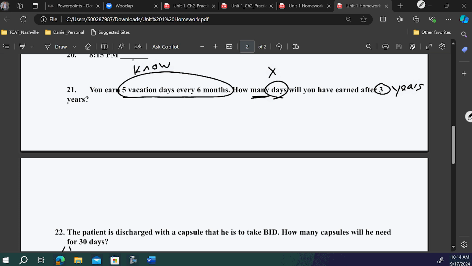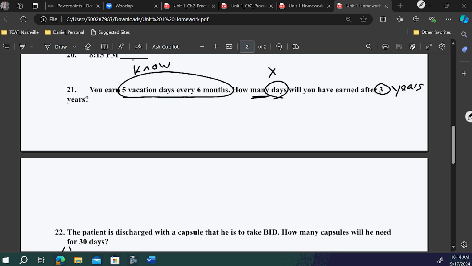Now you could do it either way. When I'm converting stuff, I could say it either way, but there's always an easier way to do it, right? What I would recommend is I'll take the 3 years and just turn that into months. Then I have months and months, days and days, and I can work that out.